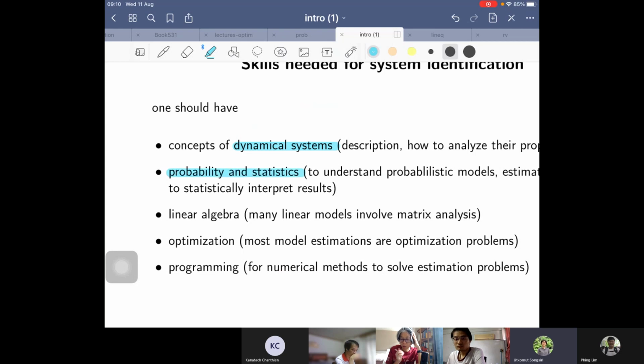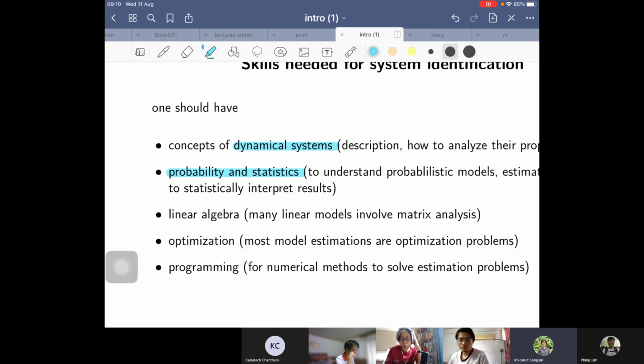We need some background in probability and statistics because we're going to deal with a lot of random variables. As we touch the topic of statistical estimation, we will use some knowledge from that. For example, we need you to know something about the Gaussian distribution and its characteristics.